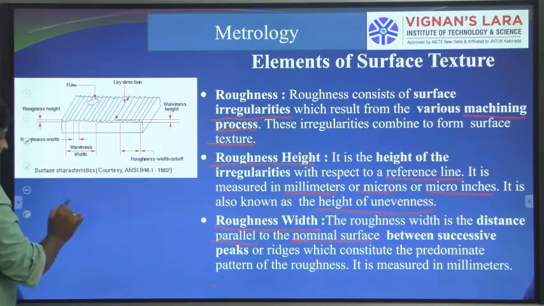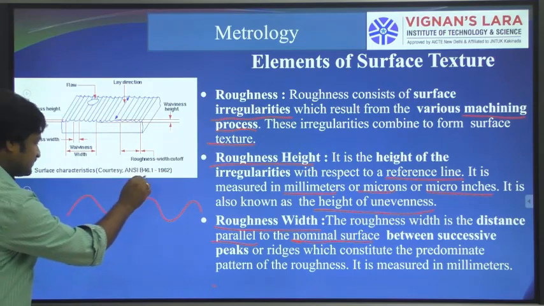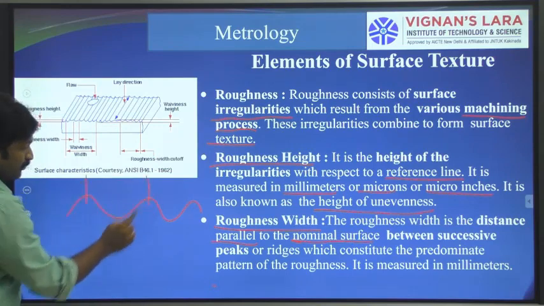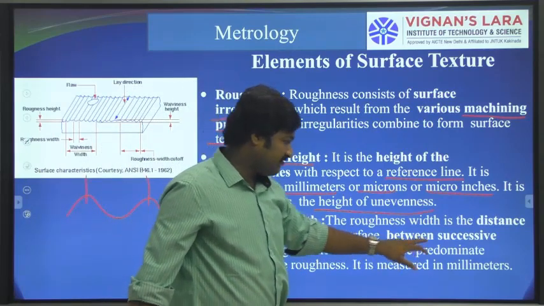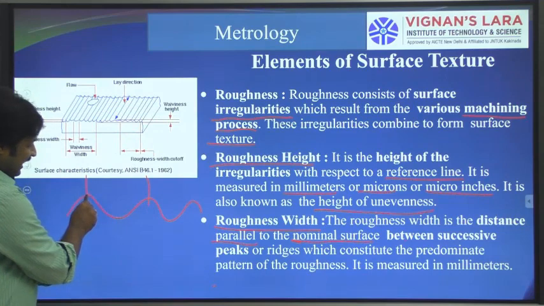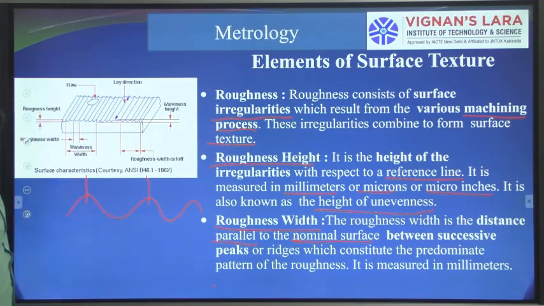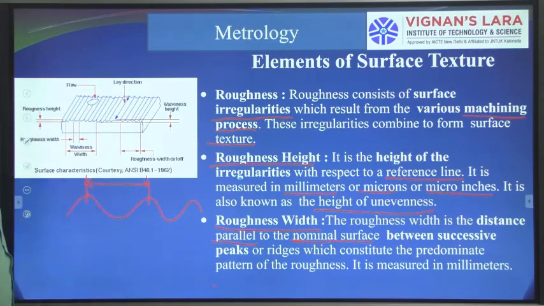So if we consider a roughness like this, that is the distance between successive peaks, peak and then the adjacent peak. The distance between these two peaks is called roughness width. It is measured in millimeters.